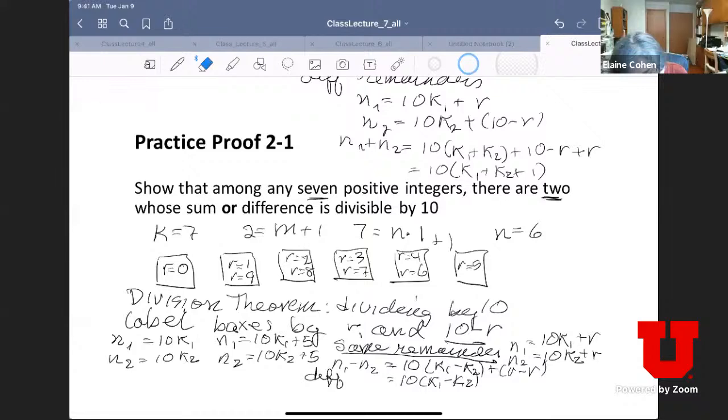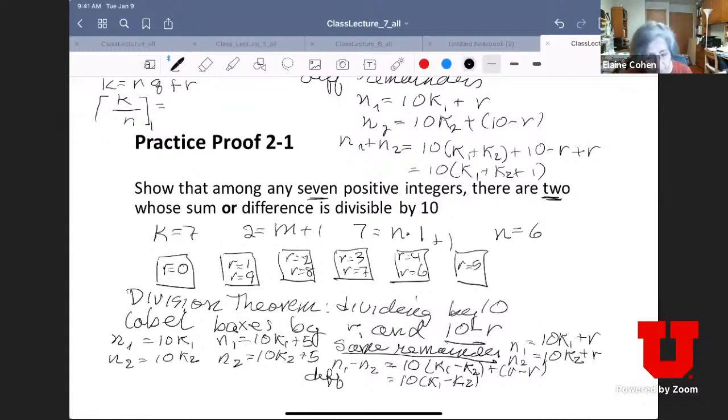The ceiling operator says that if I take k and divide it by n, the number of boxes, then what we have is k is equal to nq plus r.